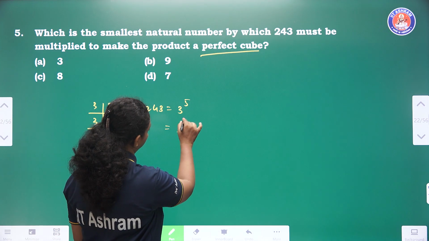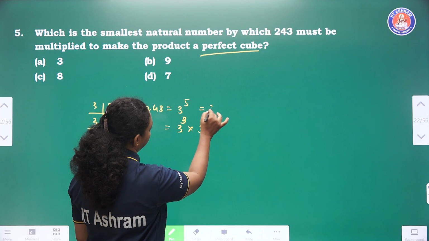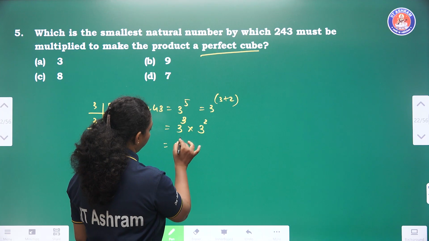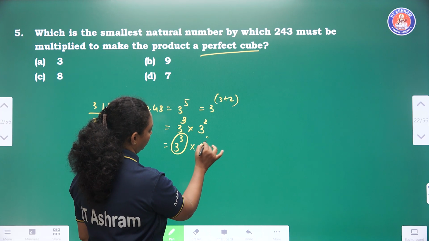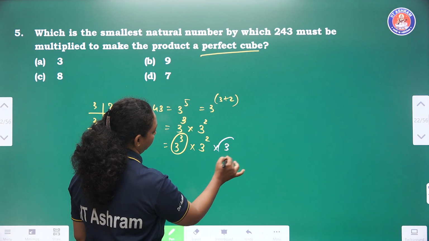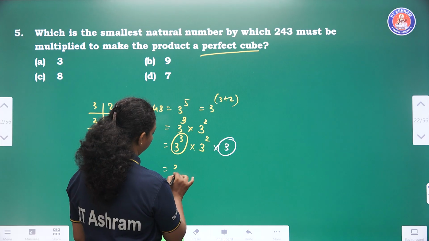So we can split it like that, 3 cube into 3 square. So 3 cube is already a perfect cube. But 3 square, by which number should we multiply it to make it a perfect cube? So multiply by 3.